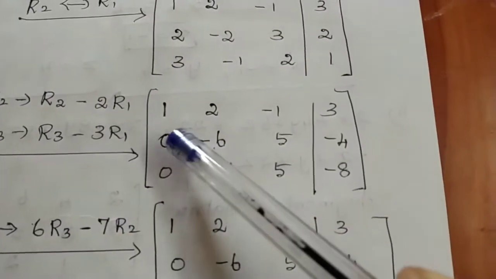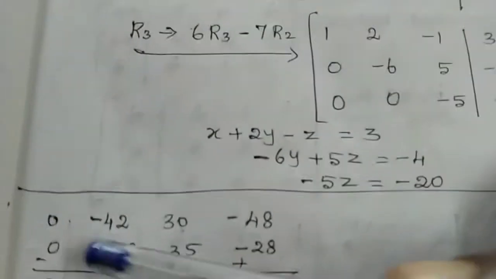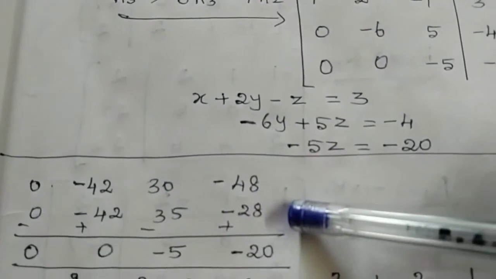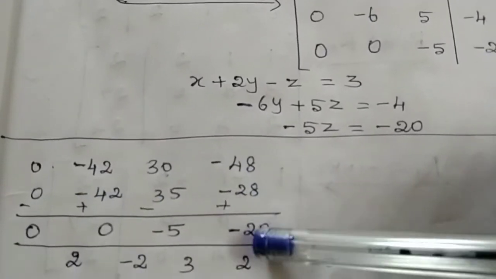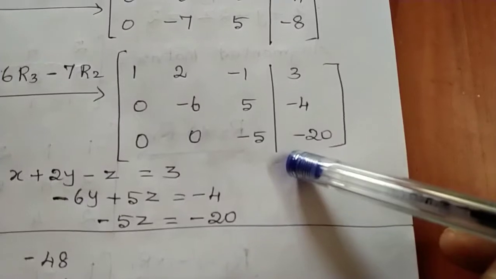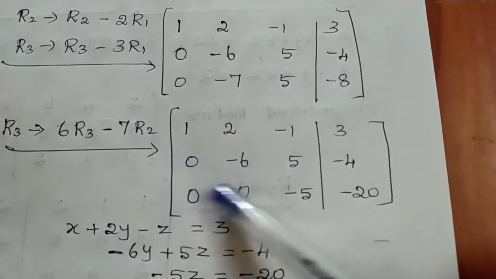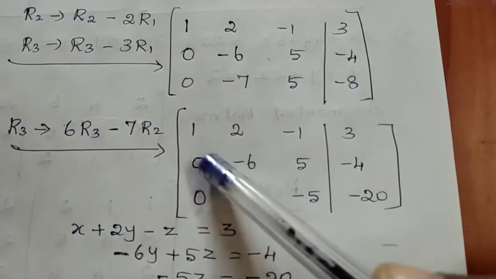And 7R2, this term multiplied by 7, and write. And subtract, we get 0, 0, minus 5, minus 20. Okay, now we get the echelon form of the matrix, that is a triangular form.